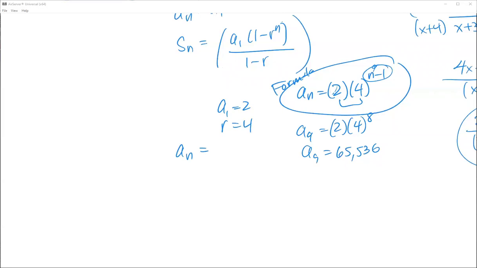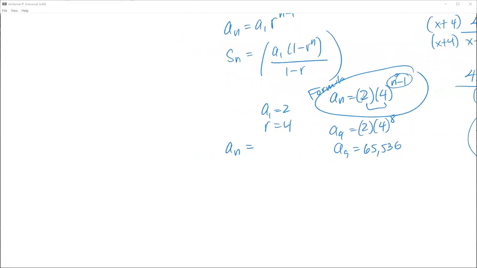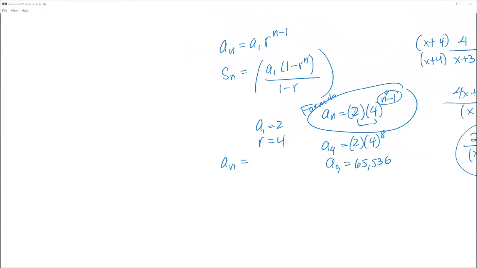We're going to find the sum. The sum is the S of 9, which is equal to the a sub 1. If you plug it in here, the a sub 1 is 2. You also need the r. The r is 4.